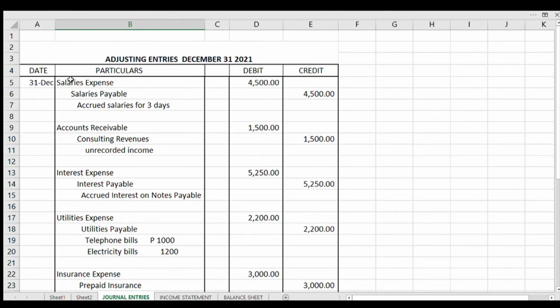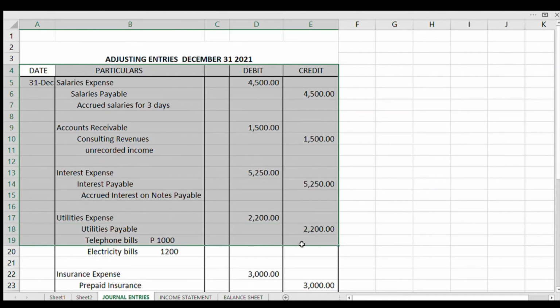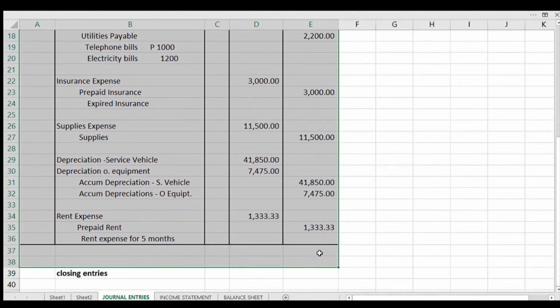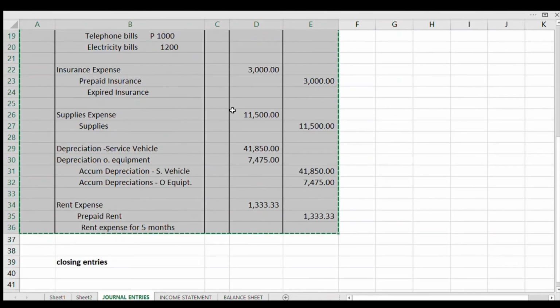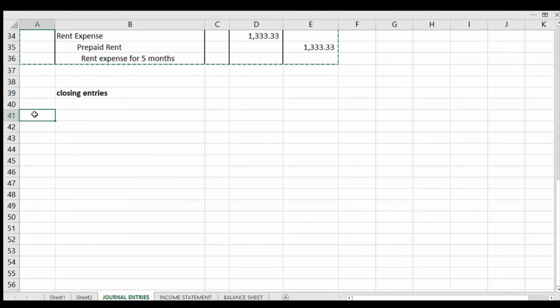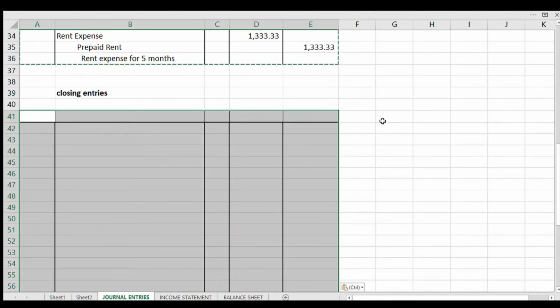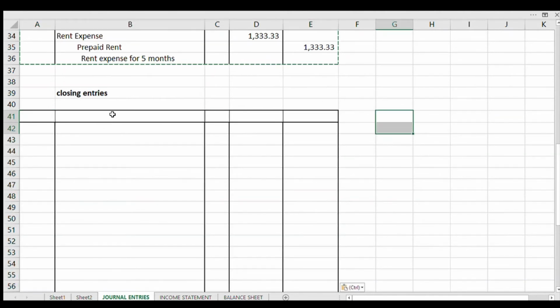Okay, we will just copy the format here just to make it much easier for us to make the entries. We'll just place it here. The same, we will do the headings.